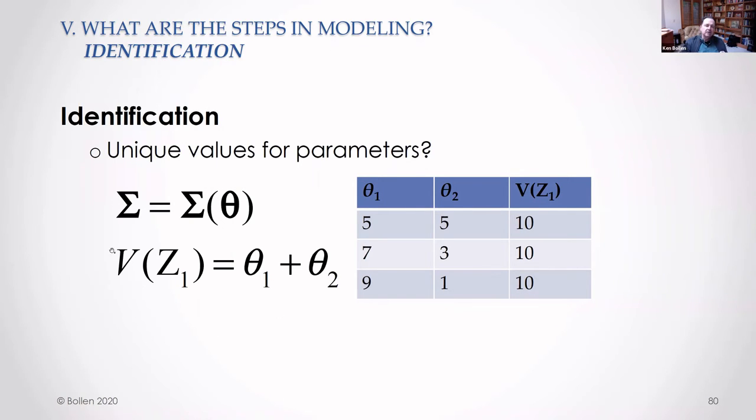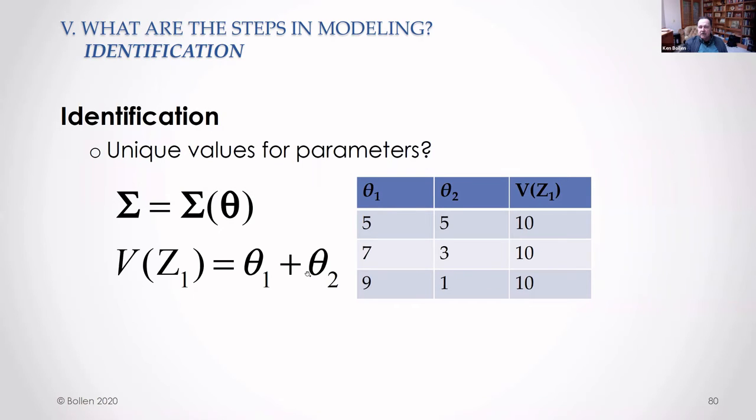If this is the only information we have to work with, even if I give you the population variance of Z1, I tell you it's 10, you still can't tell me what theta1 and theta2 are. It could be 5 and 5, could be 7 and 3, 9 and 1, 11 and minus 1. There's an infinite number of values that would be consistent with this relationship. Theta1 and theta2 are under-identified.